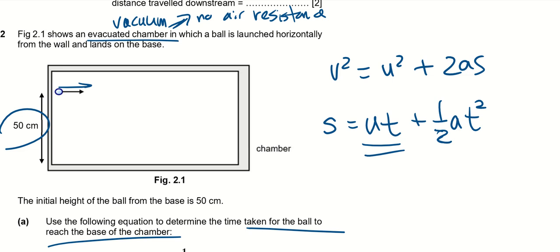Okay, then let me tell you, this question is a bit unfair because this one deals with projectile. It was launched horizontally. So in the horizontal direction, u horizontal is not 0. Because it was launched horizontally, the horizontal initial velocity, which is your UH, is not 0. Was there any initial velocity in the vertical direction?